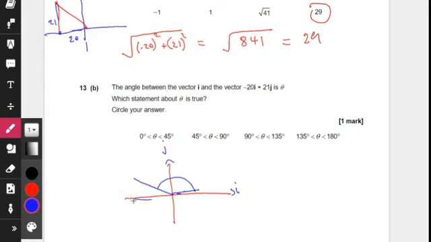If you go this direction, that's minus i. It's going in the opposite direction. So even here, directions really matter.